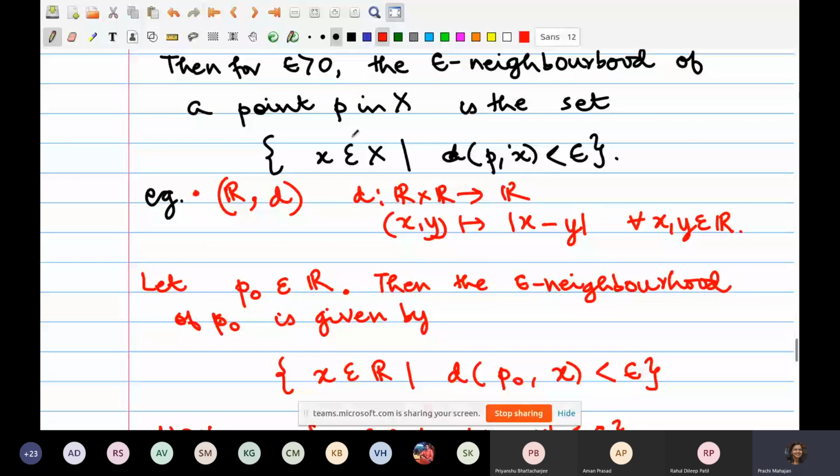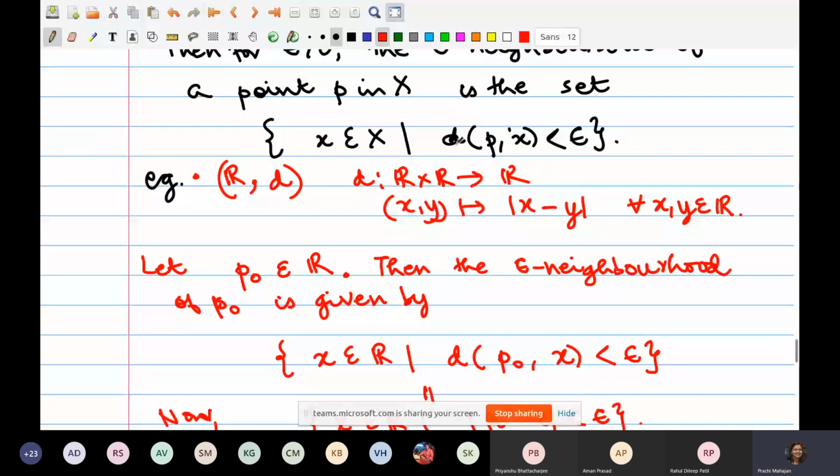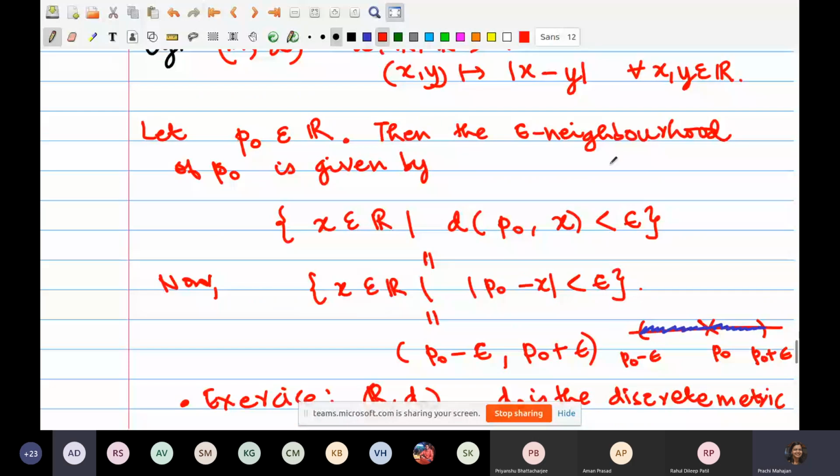If you consider the set X with another metric, then the neighborhoods will change. So the neighborhoods depend on the metric d and also on epsilon. Does everybody follow this bit? Any questions so far? Any further questions?